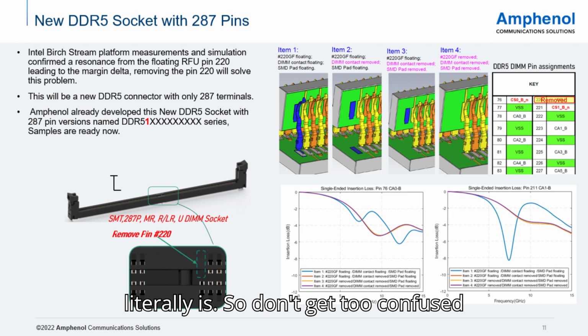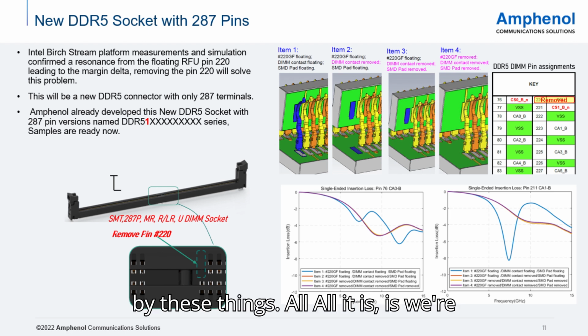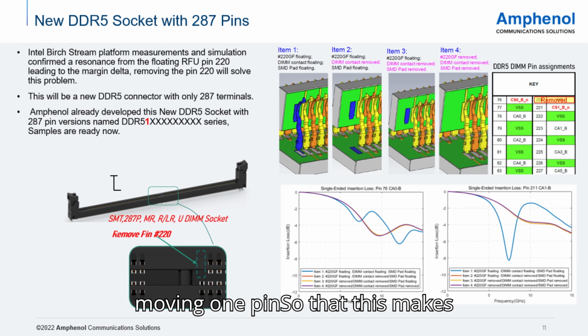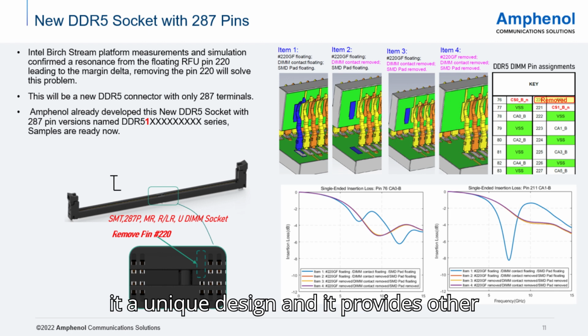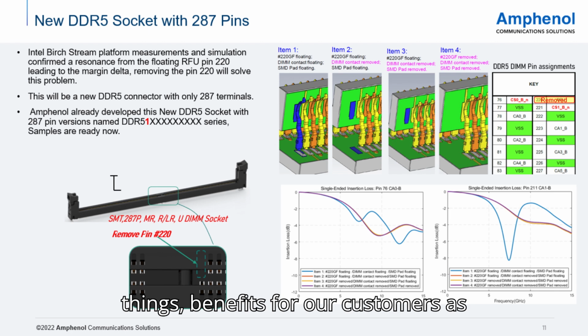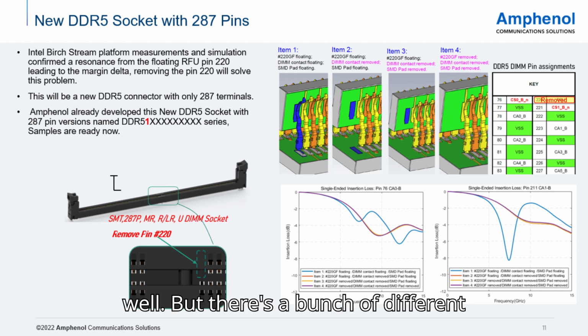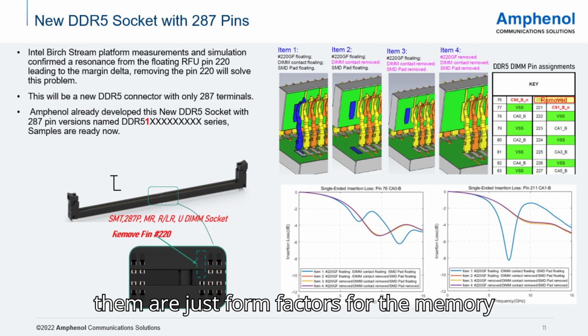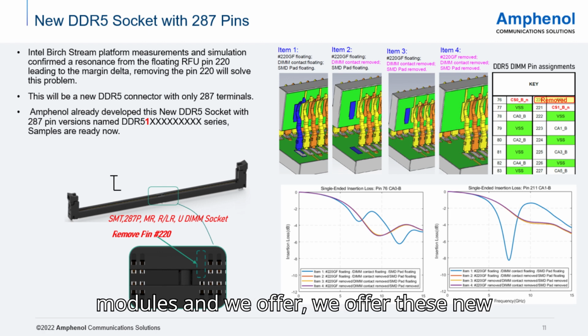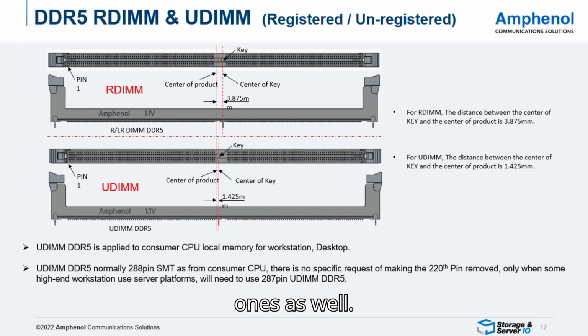And all it literally is, so don't get too confused by these things, is removing one pin so that this makes it a unique design, and it provides other benefits for our customers as well. But there's a bunch of different variations, as you can see, but all of them are just form factors for the memory modules, and we offer these new ones as well.